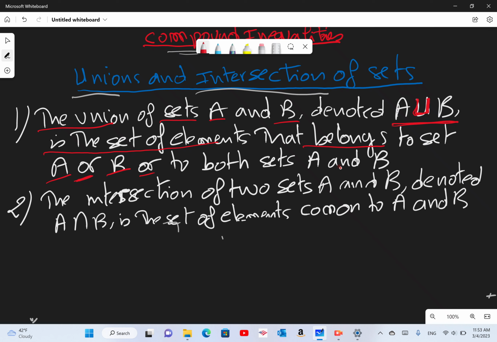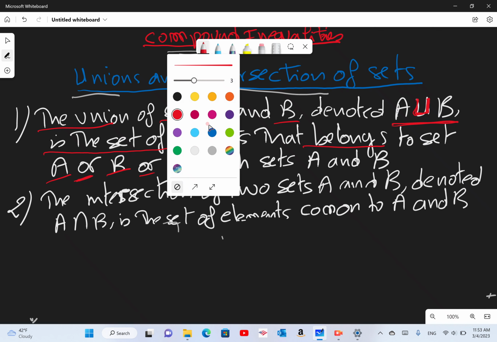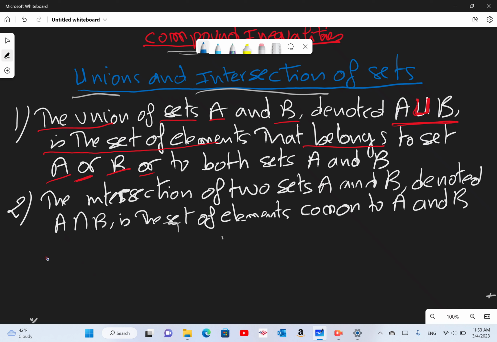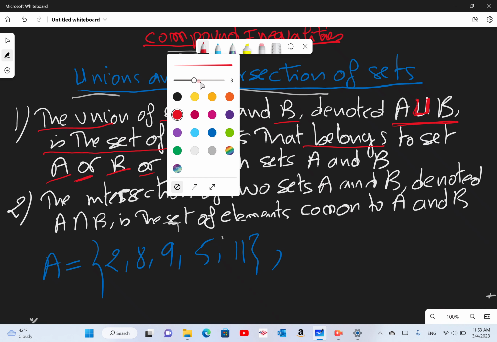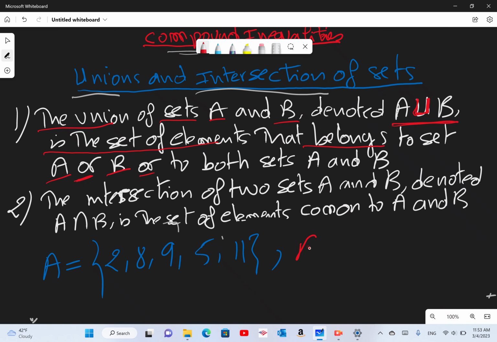In order to understand this, let's give an example. Let's say we have the set A that has 2, 8, 9, 5, 11, and let's say we have another set B that has 22, 2, 8, 5, 7.